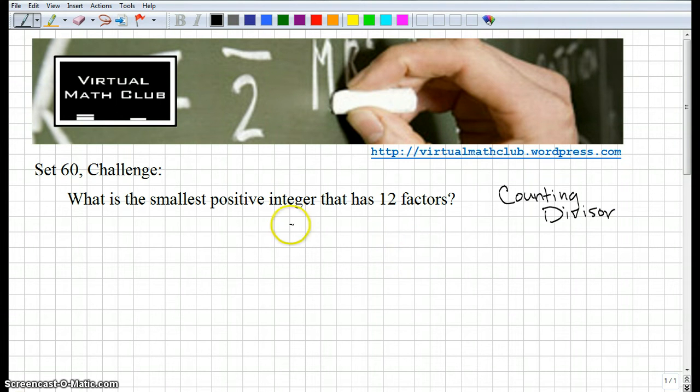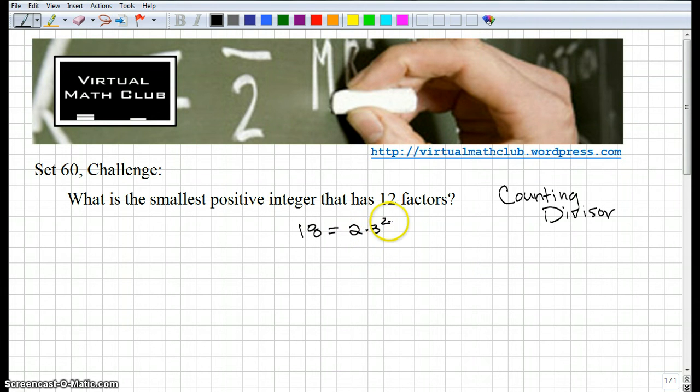The result of that is basically that if we have a number, let's say 18, and we want to know how many factors it has, the first thing we need to do is write it in terms of its prime factors. So 18 is 2 times 3 squared. So 2 and 3 are prime.